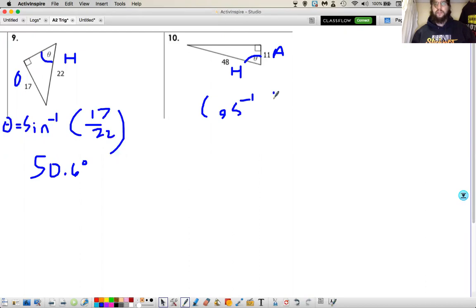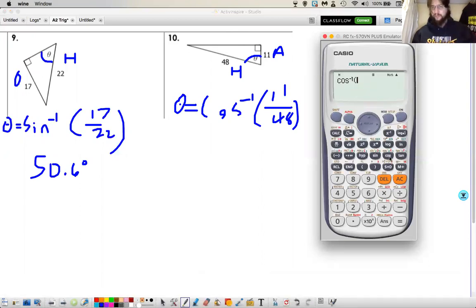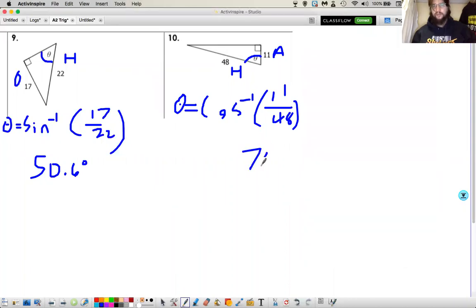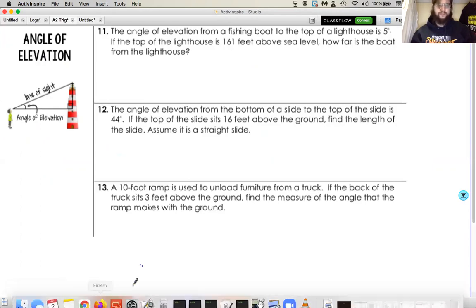We're doing cosine inverse of 11 over 48. Now, that's what theta is. And we get 76.8 degrees. All right, guys, you should be very fluent with these. Those are basic trig problems. Here we got words, but yeah, shouldn't be any different.